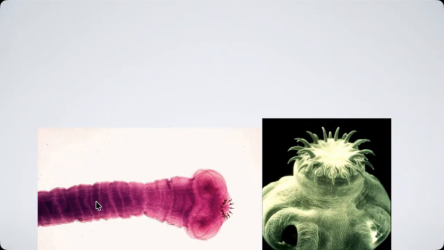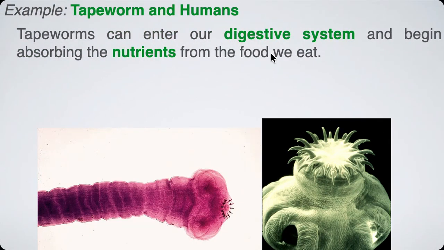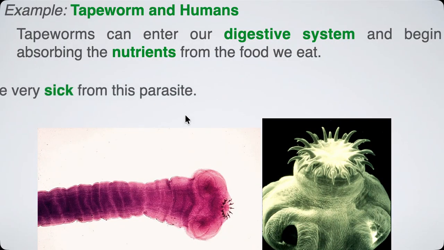So a good example of that would be these guys, looking horrifying. Tapeworms. Tapeworms enter our digestive system and they start to absorb nutrients from the food we eat. Most of the time people aren't aware of the fact they have a tapeworm until it gets so long that it starts to cause a lot of issues, or you have a lot of nutritional deficiencies that are unexplained. And then it's like, okay, well, there's something essentially sapping the nutrients from your digestive system.